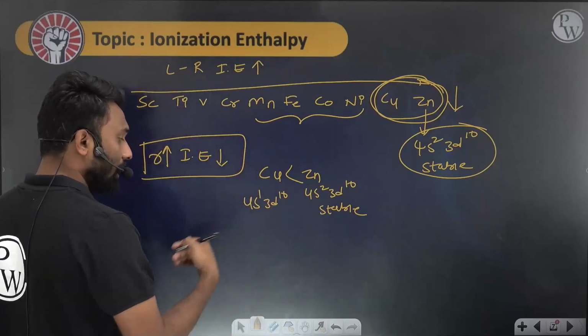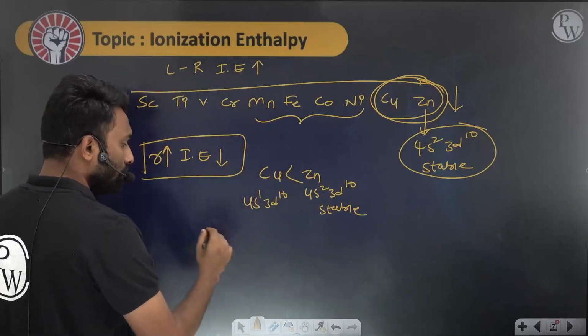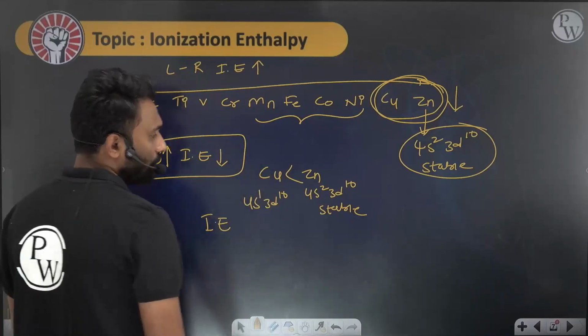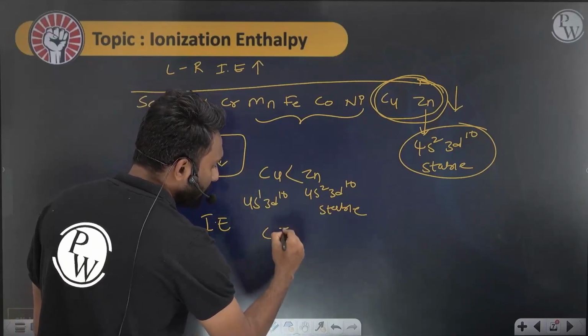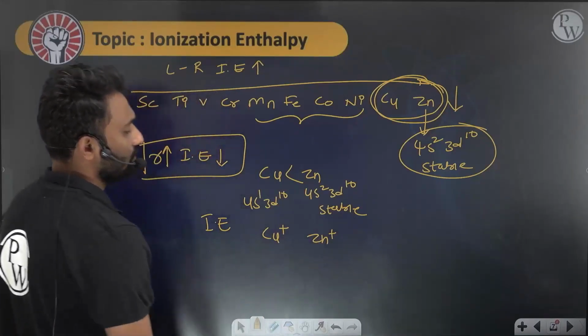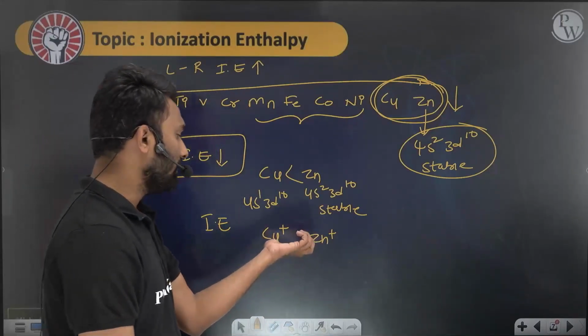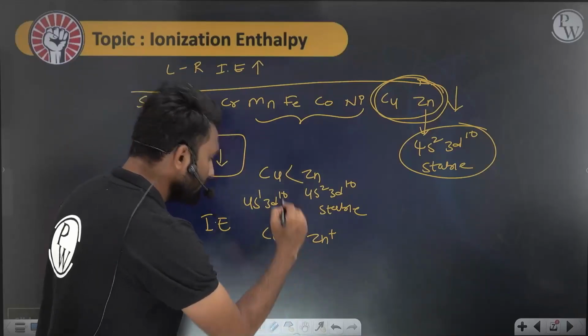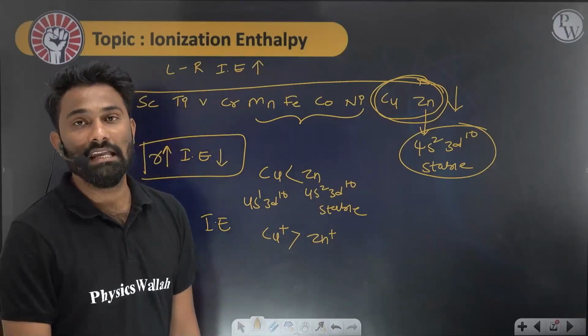But if you ask for the first IE of these two, the first IE means if you remove one electron, it will become Cu+ and it will become Zn+. Now of these, which is having the higher ionization energy? Cu+ is having the higher ionization energy.